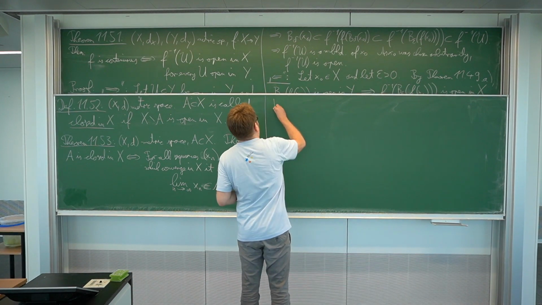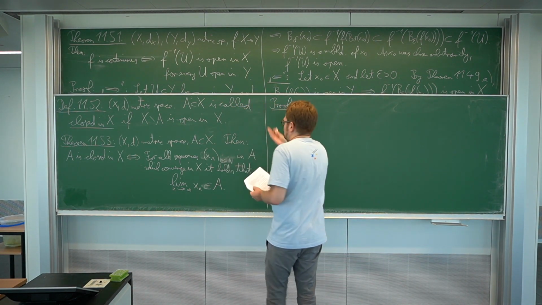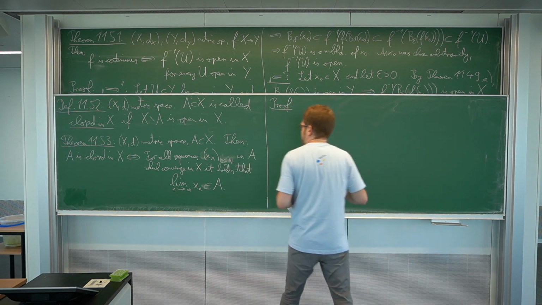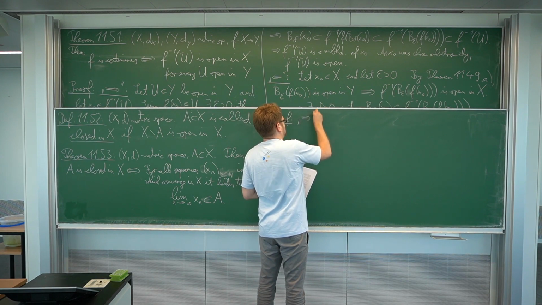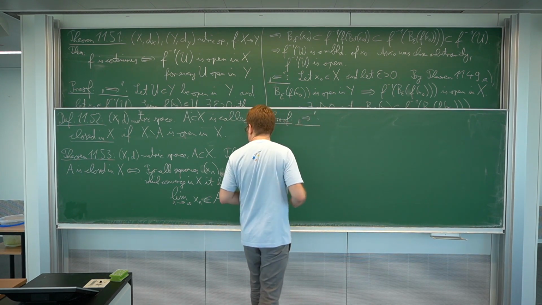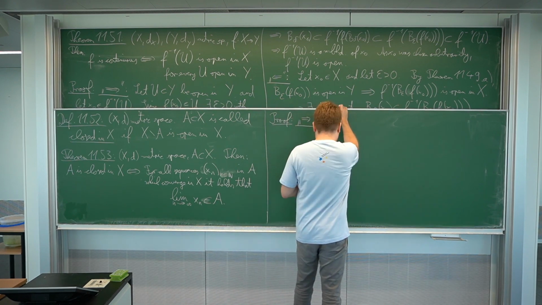But of course, we need to prove how this weird definition as a complement of an open set works together with the sequence description. So let's prove this again in two implications. We first assume that A is closed and then want to show the sequence property. And we do this by contradiction.